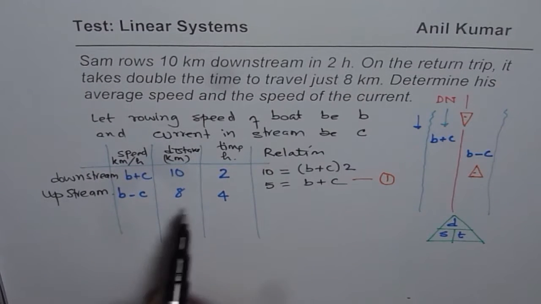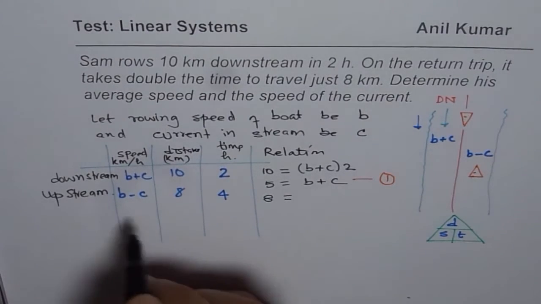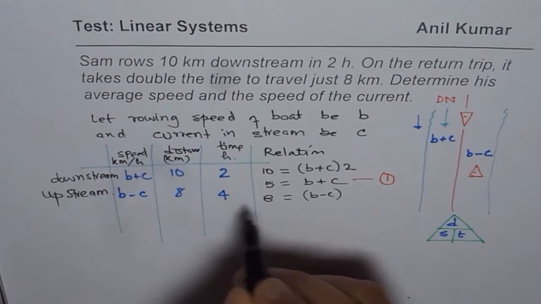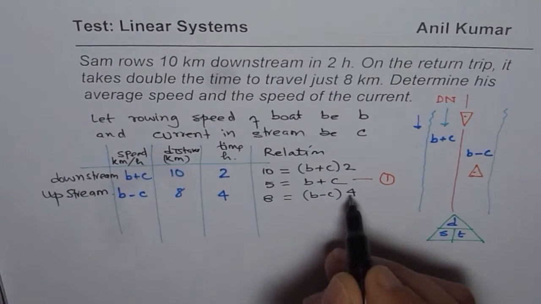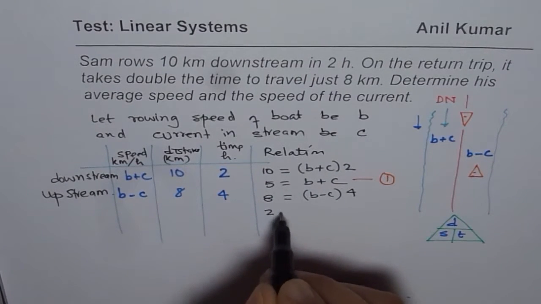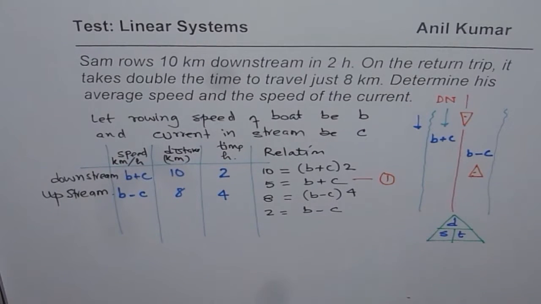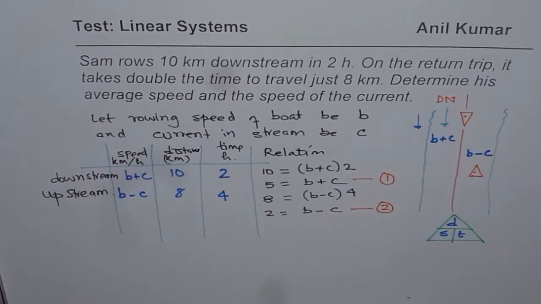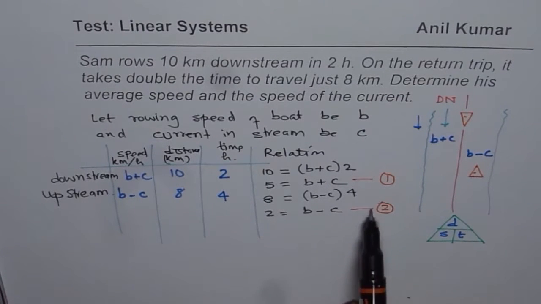From the second condition, which is upstream, distance is 8 kilometers and the speed is B minus C times 4, which is the time. If I divide 8 by 4, I get 2 equals B minus C, right? So that gives us the second equation. We have two variables, B and C, and two different equations.